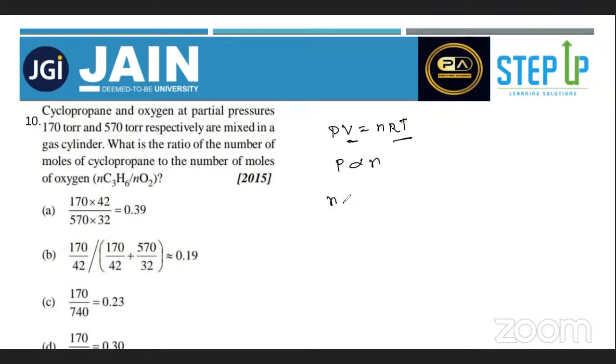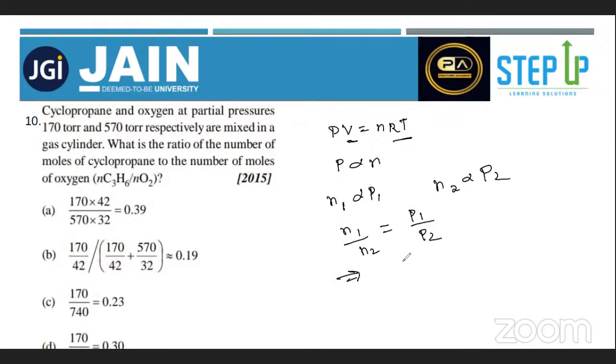So I can write N1 is proportional to P1, and N2 is proportional to P2. So I can write that N1 upon N2 will be equal to P1 upon P2.